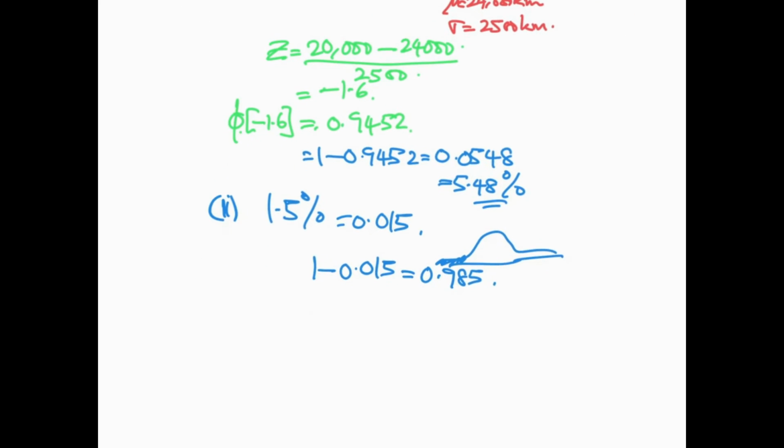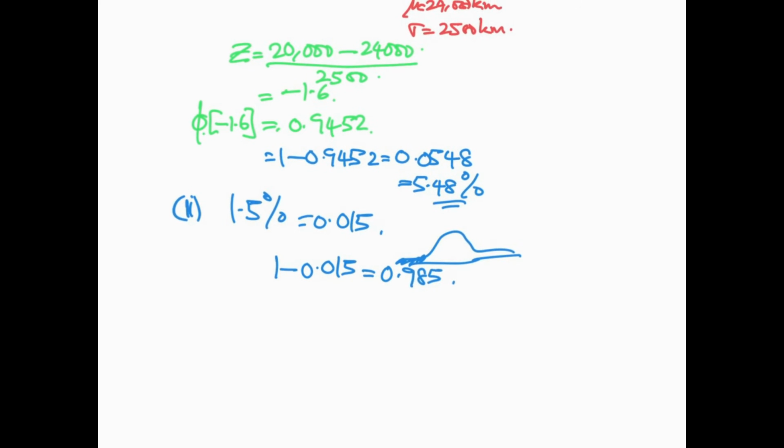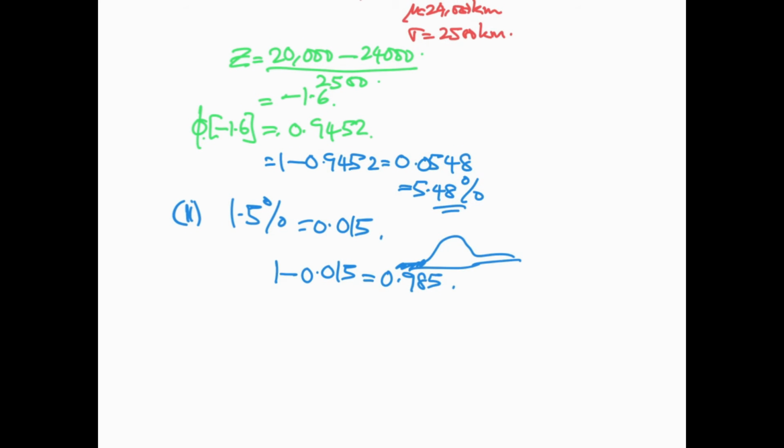Use your normal distribution table to find the value. The value that I have here for 0.985 is 2.17, but we are not looking at 0.985, we are looking at 0.015.